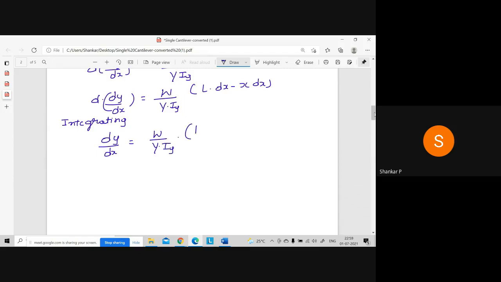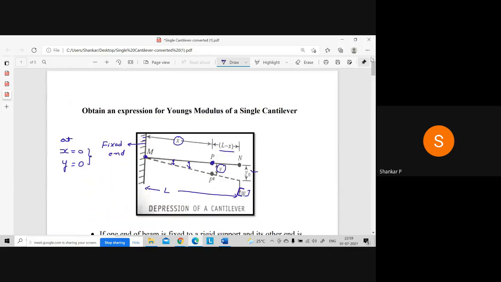Integration of dx is x and integration of x dx is x square by 2 plus integration constant c1. We can observe from the diagram that the tangent drawn at any point is nothing but dy by dx, right?